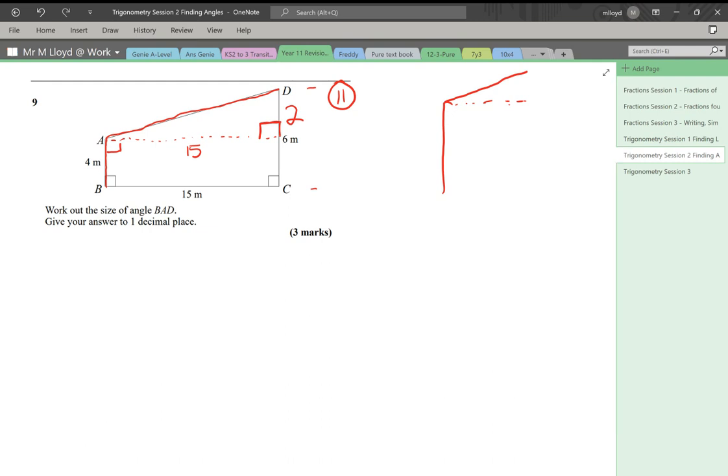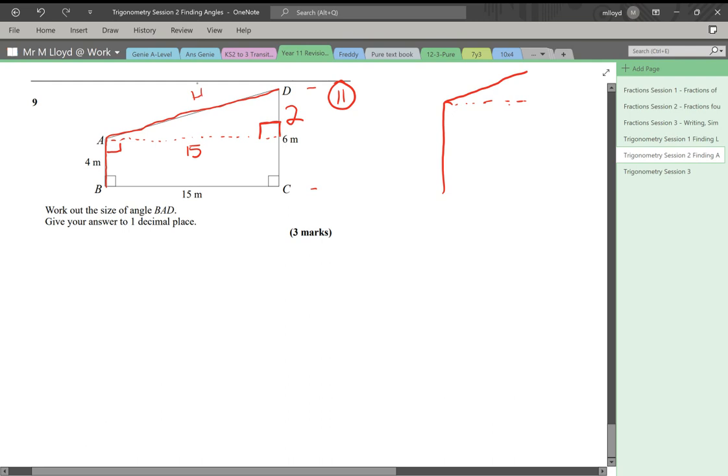So that's a 2. We've got the hypotenuse here. We're looking for this bit of the angle, which I'm going to call Y. And that makes this the opposite and this the adjacent. So we're using tan, because it's TOA. Tan y equals opposite over adjacent, 2 over 15.